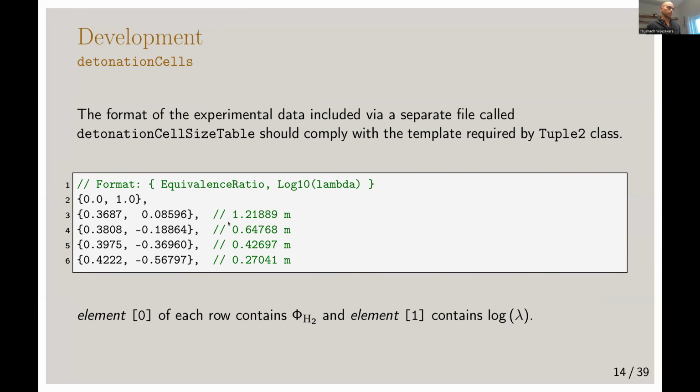The experimental data that we obtain has to be in a certain format so that OpenFOAM can read it. I have saved the data to a file called detonationCellSizeTable, and it looks like this. On the first index column you have the log of detonation cell size, and the 0 index gives you the equivalence ratio.